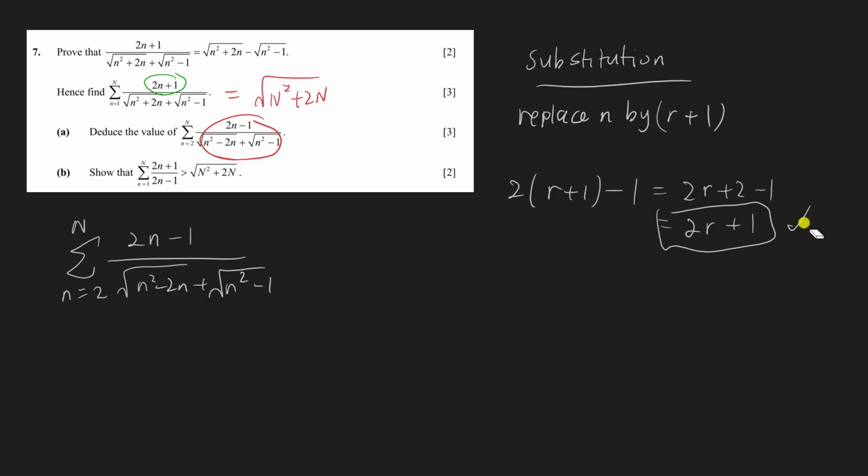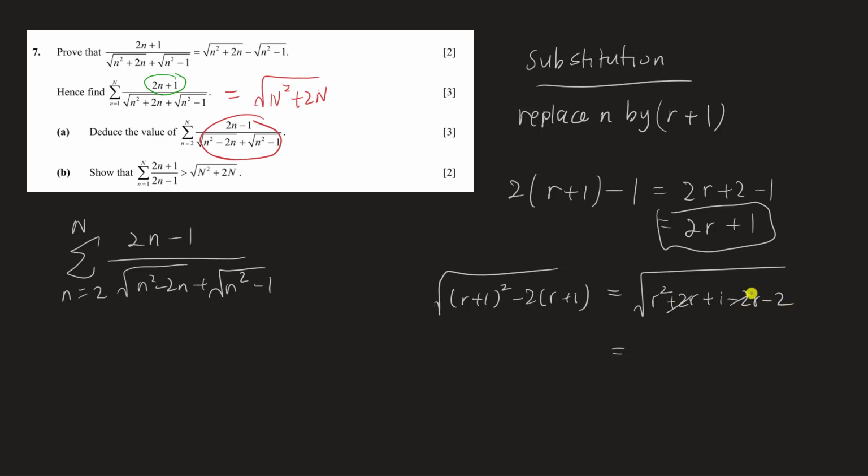So it works for the top. Let's try it at the bottom. The first term on the bottom, we get square root n squared minus 2n. We replace it by r plus 1, we'll get r plus 1 squared minus 2 times r plus 1. This gives us r squared plus 2r plus 1 minus 2r minus 2. 2r minus 2r, 1 minus 2, negative 1, we will get r squared minus 1, which coincidentally is the bracket in our previous expression.